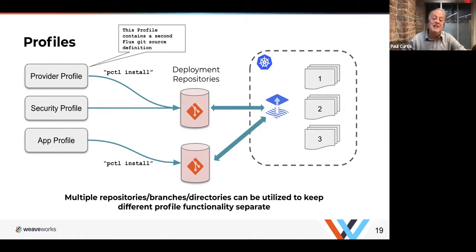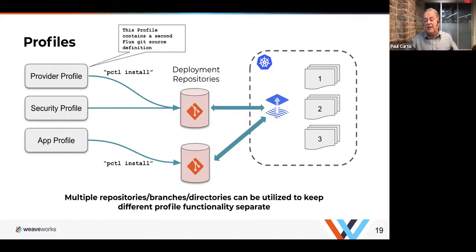But the application is maintained by a different team, and therefore they would not want to have the same privileges as those who are maintaining the security profile, for example. So they do it in a separate repo, or depending on which Git software you're using, might be a separate branch or a separate directory.